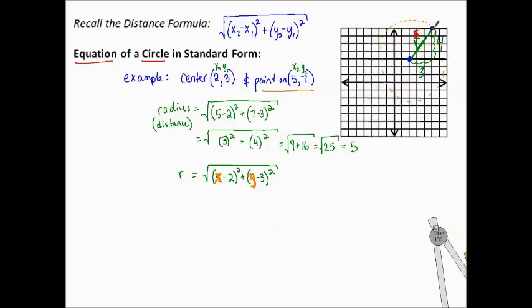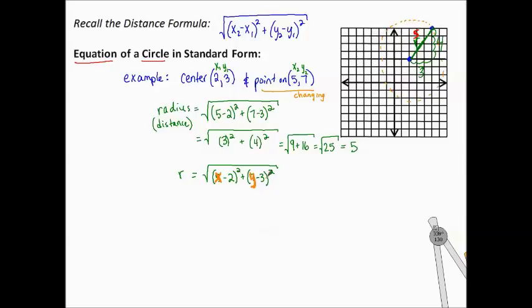It's not only this point, but it's this point and this point and this point, and all of those will change. The fixed point is the center. This is fixed. The point on the circle is changing. That's why we call it (x, y). The point that's the center is fixed, so it stays a constant.